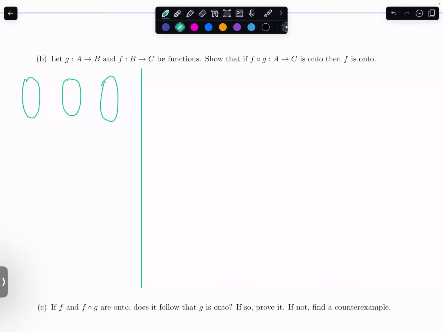Okay, so we have G from A to B, and then F from B to C. If F of G is onto, so that's this thing, then is F onto?